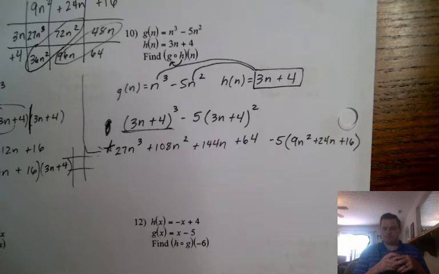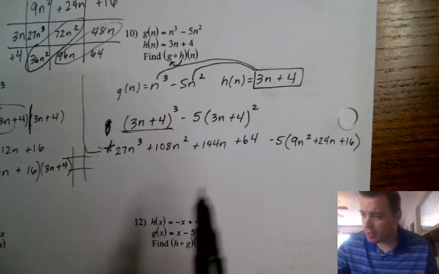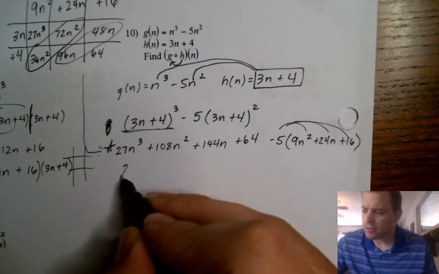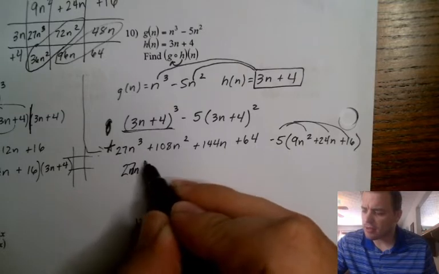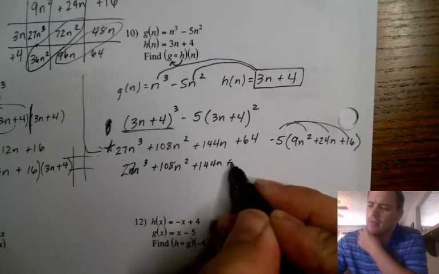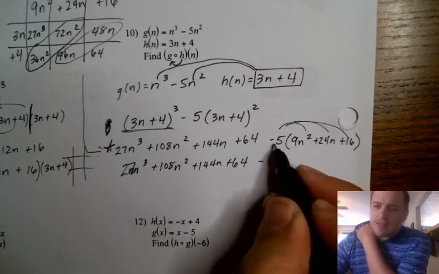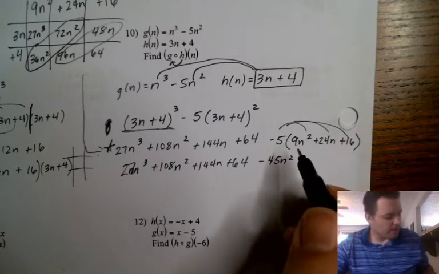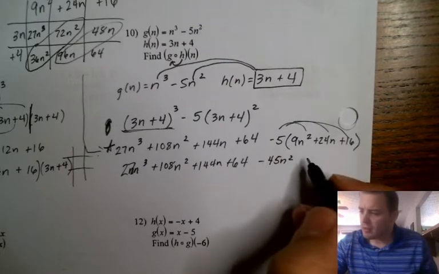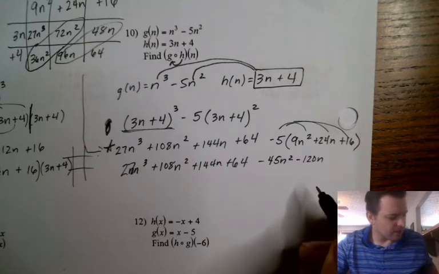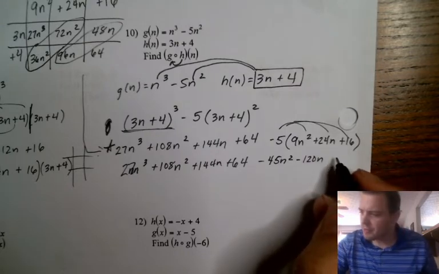Now from there, you got to distribute this negative 5 into everything here. So I got 27n cubed plus 108n squared plus 144n plus 64, minus 5 times 9n squared would be negative 45n squared. Negative 5 times 24 would be negative 120n, and then negative 5 times positive 16 would be minus 80.